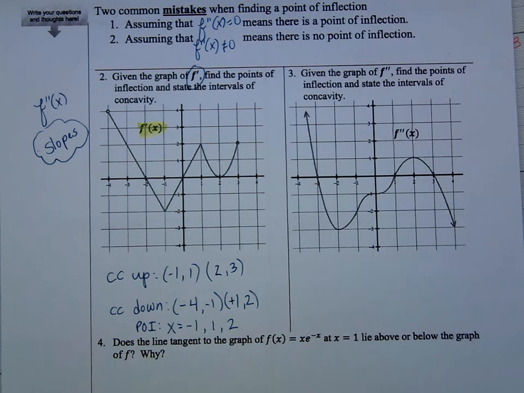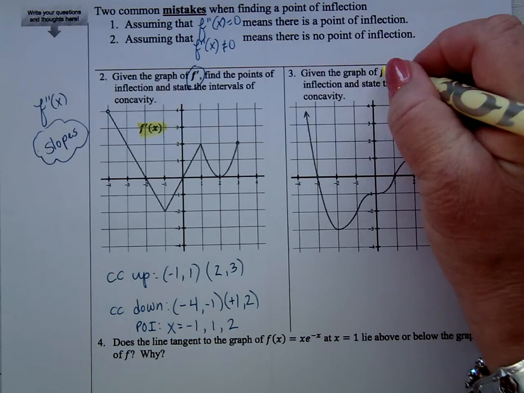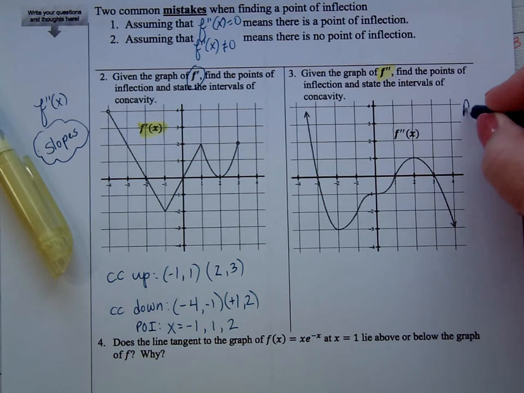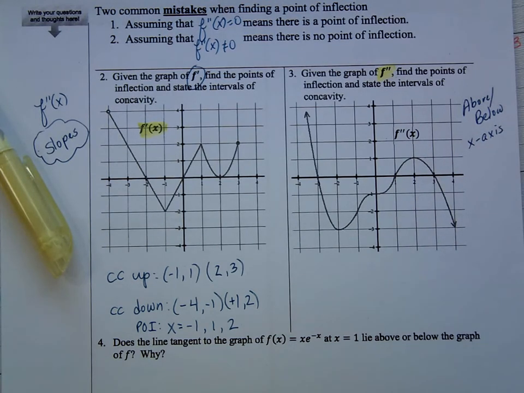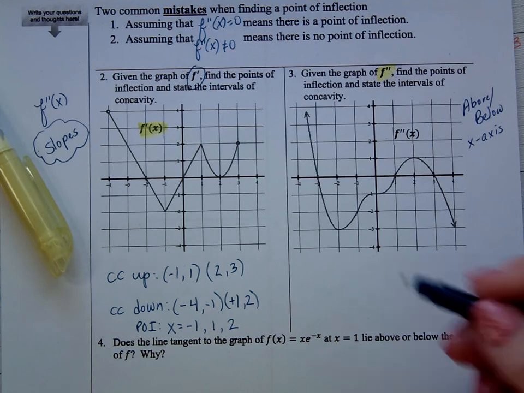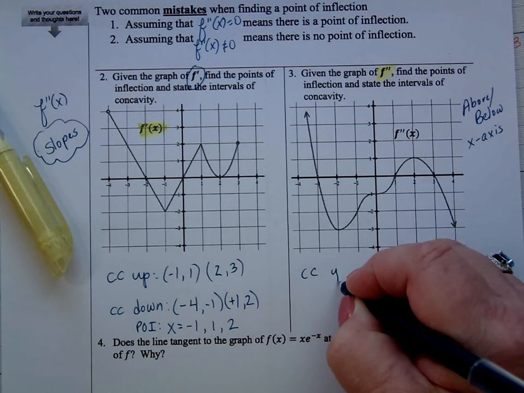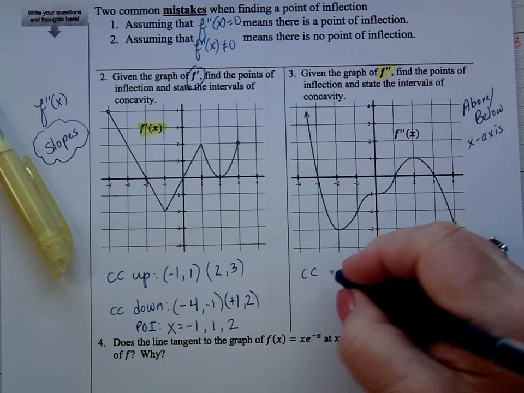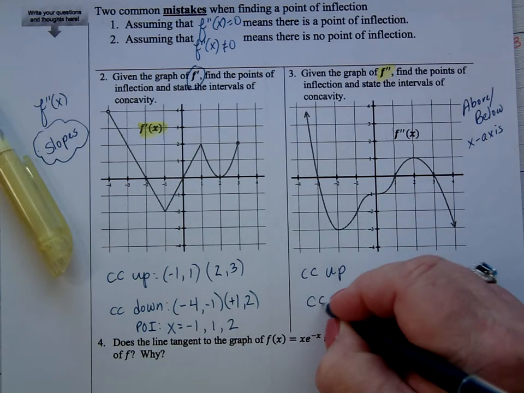But what you're looking at changes for number 3. Now they're giving you the second derivative graph, so you're looking at what's above the x-axis versus below the x-axis. I've got places where it's concave up and places where it's concave down.